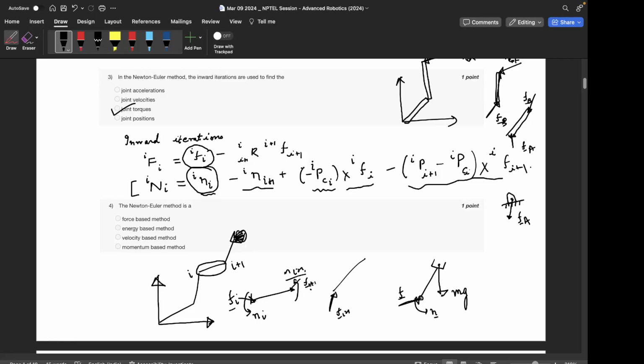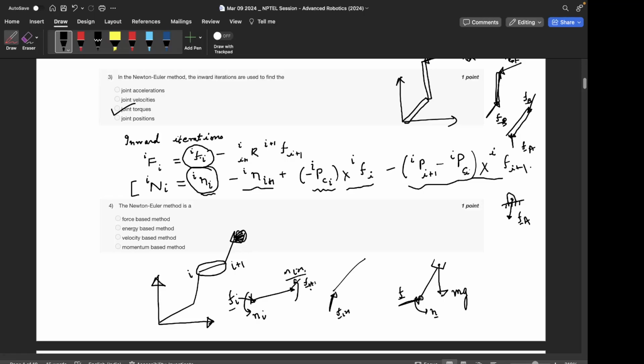So f i plus 1 will be known because we are doing inward iteration, right? We are moving from the higher joint to the next lower joint. From the outward iteration, this capital F i is also known, which gives us the small f i. Every equation you formulate, you have to make sure that there is only one unknown vector there.